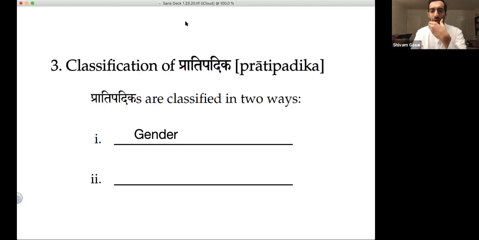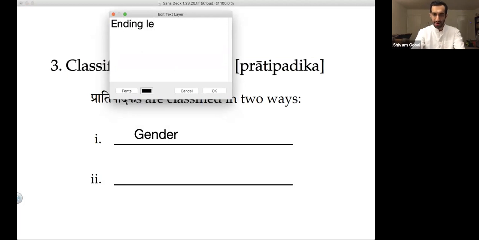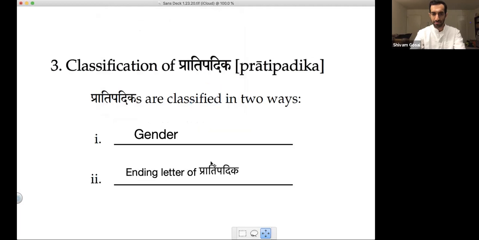When we're looking at a pratipadika, we need to know these two pieces of information: what is its gender, and what is the ending letter of the pratipadika. So you need to know these two things.